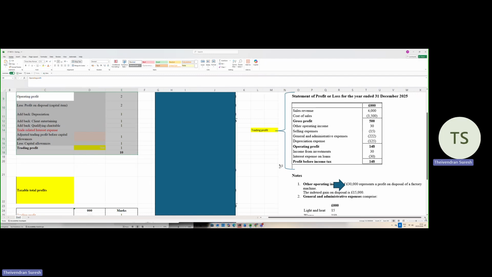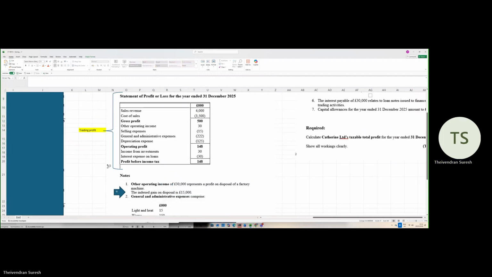But then the second item which they have given to us here is a gain on disposal. I hope you remember when we did corporation tax, we talked about the indexation gain.